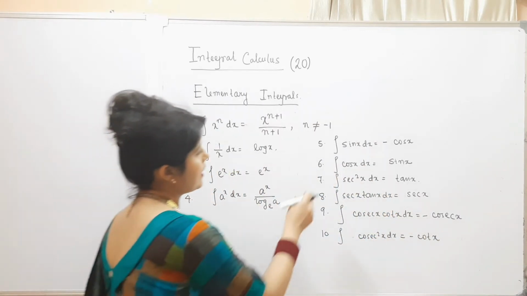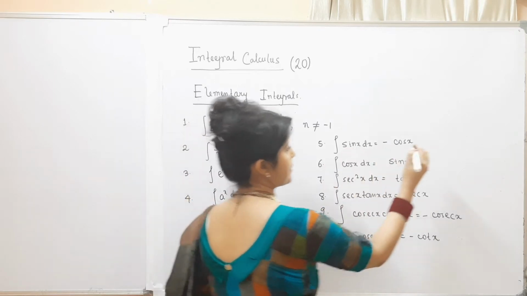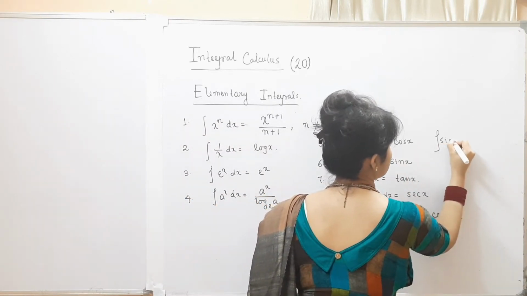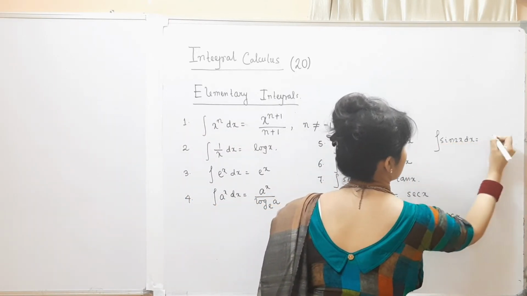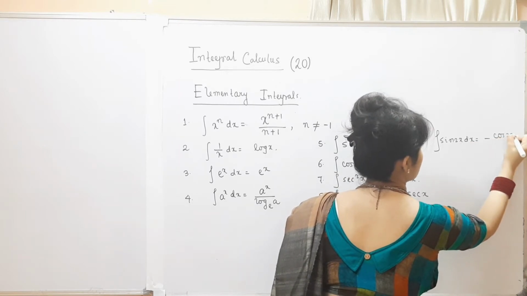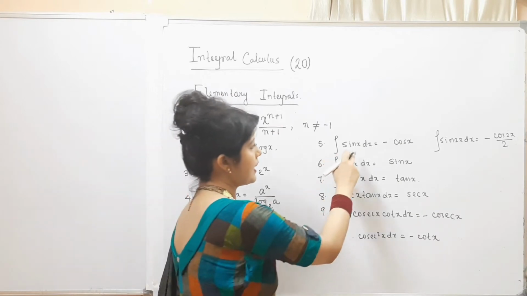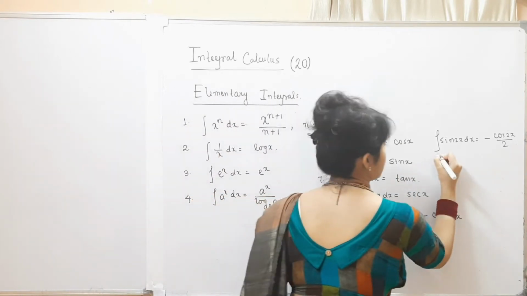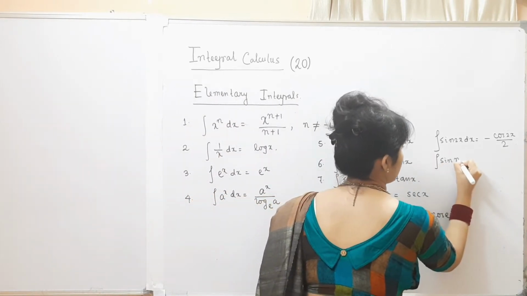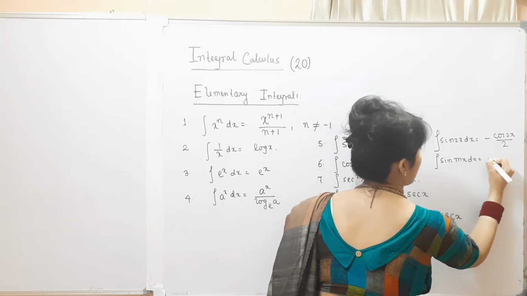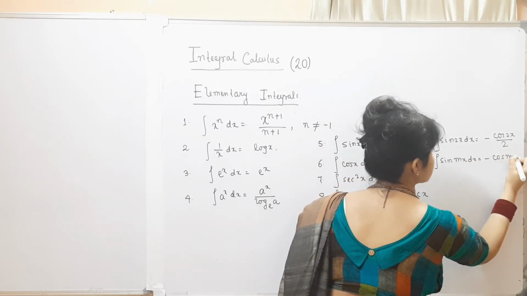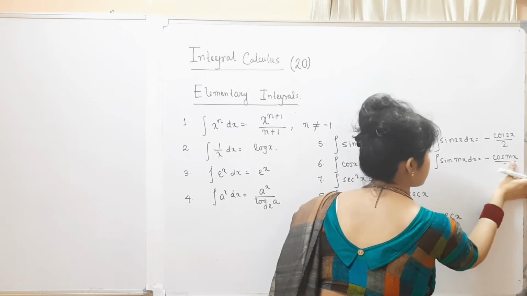Okay, now if there is sin 2x dx, then you can write it as minus cos 2x by 2. That is, if it is sin mx dx, then you can write it as minus cos mx by m.